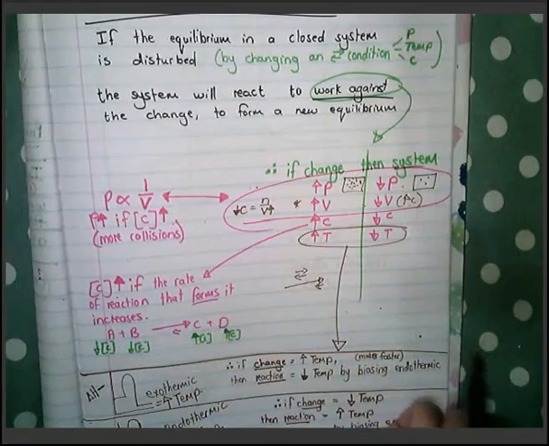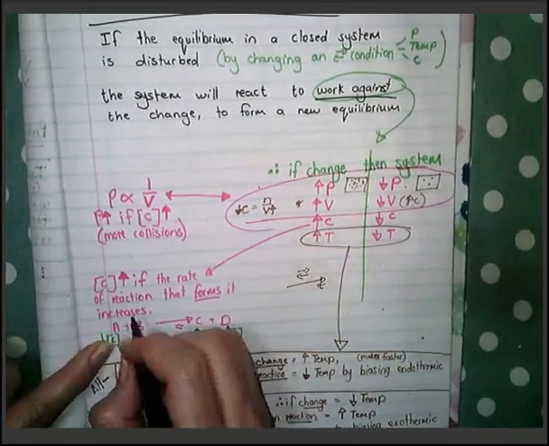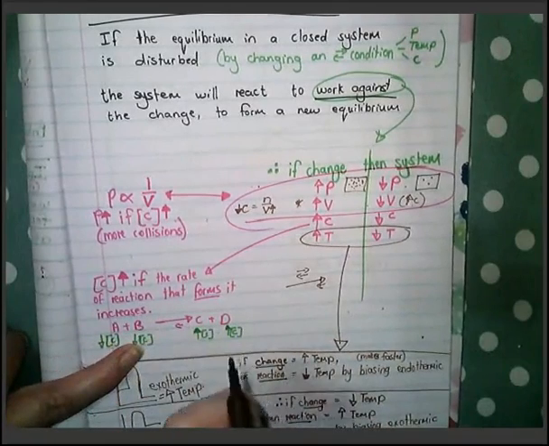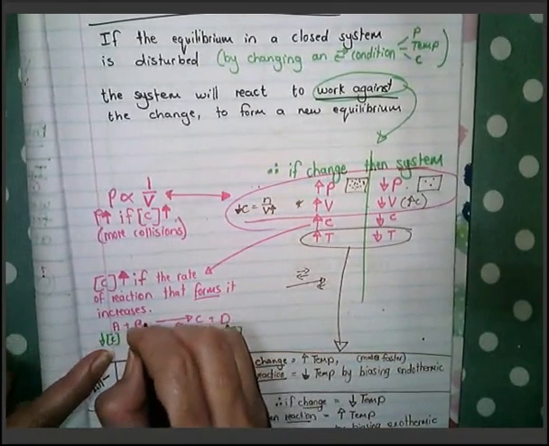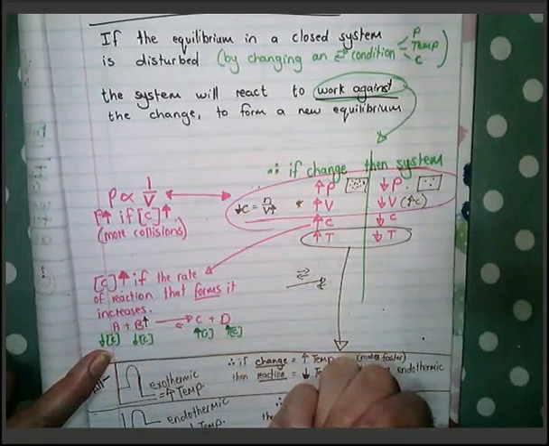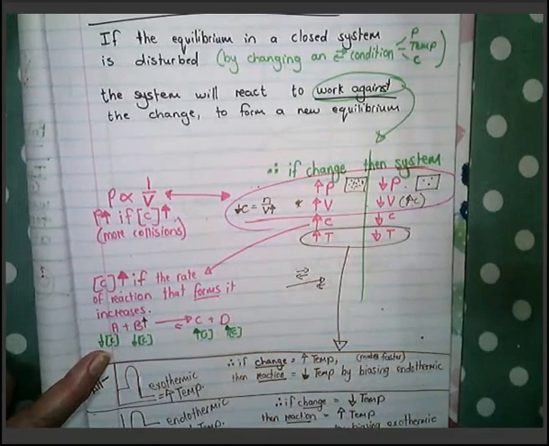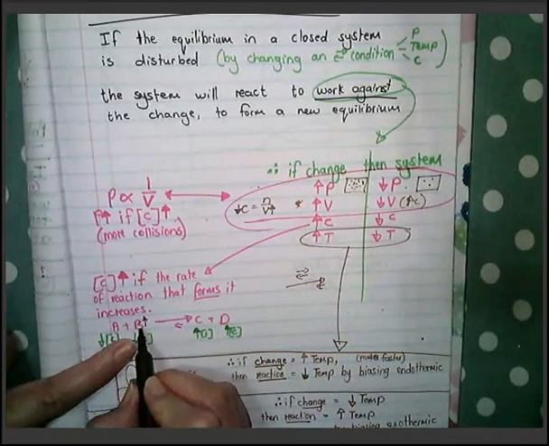So what the system will do is, if the change that happens to the system is that we have an increase in the concentration of B, that's the change, the system will react by decreasing the concentration.